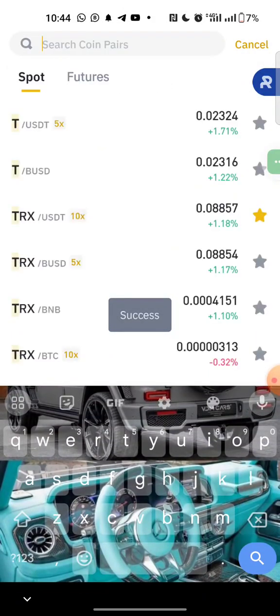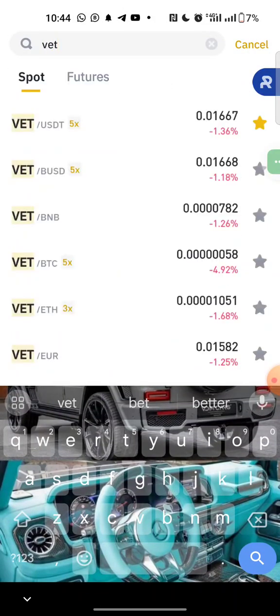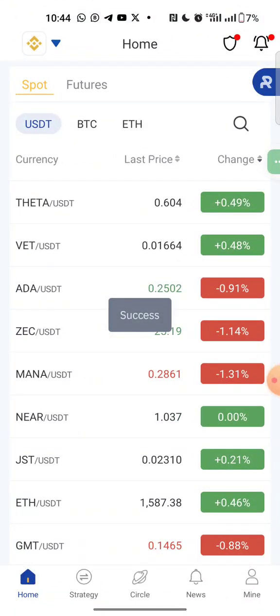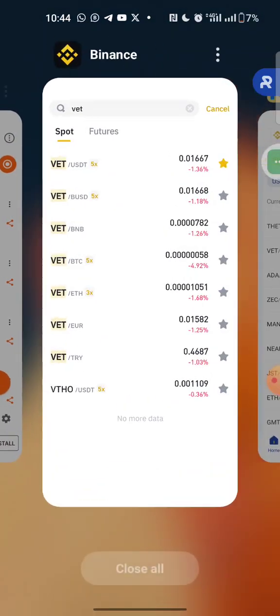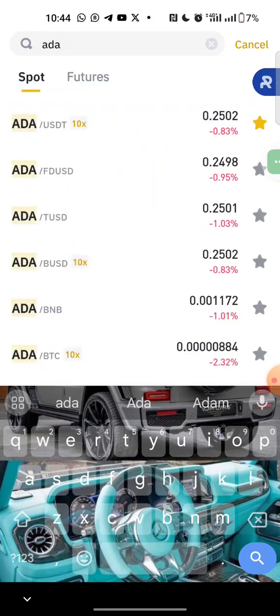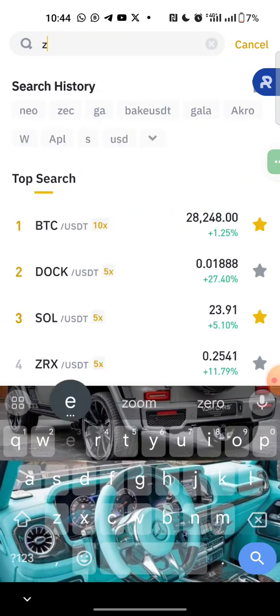Vet, it was already on a star, so I'll just stop again. ADA, Zinc, Mana. This ADA is Cardano. Then we have Zinc.